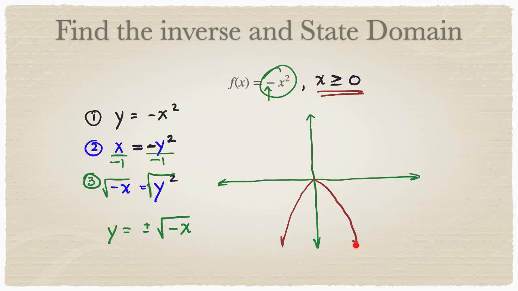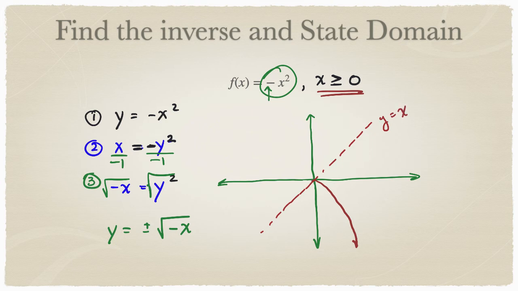So that's this side of it where x is positive. So the original function we actually are graphing does not include the left-hand side. It looks like that. Now here is the line y equals x.